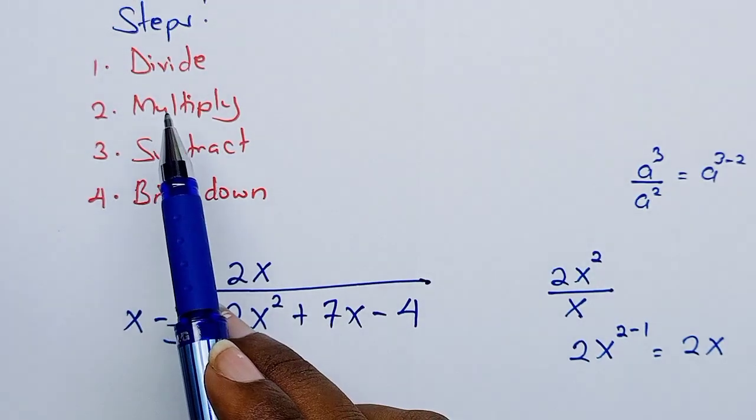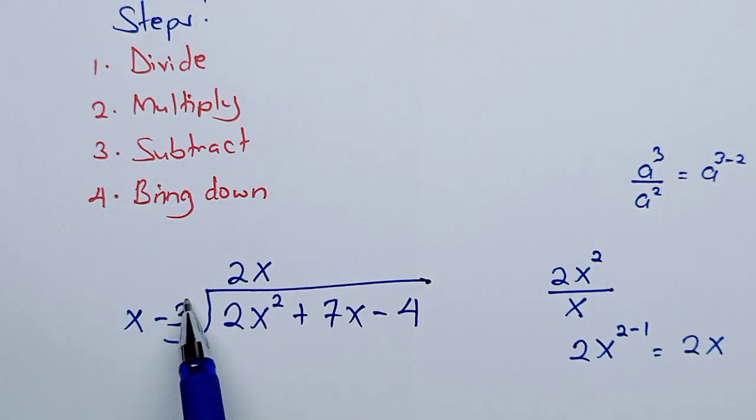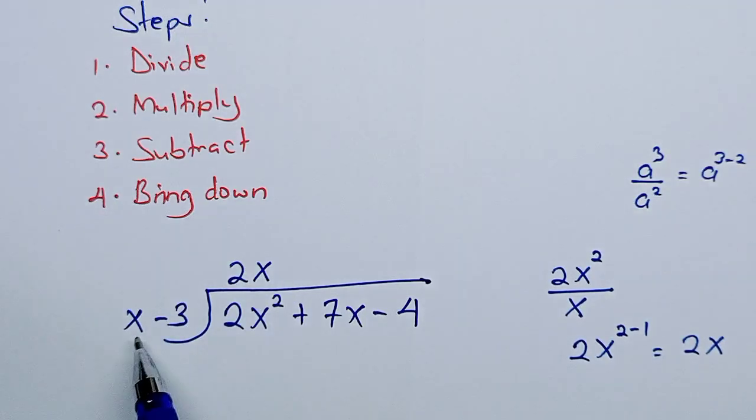The next step is to multiply. Now get what you have got, the answer, and multiply it with the whole divisor. This time you're not multiplying it by only the first term, but by the whole divisor.